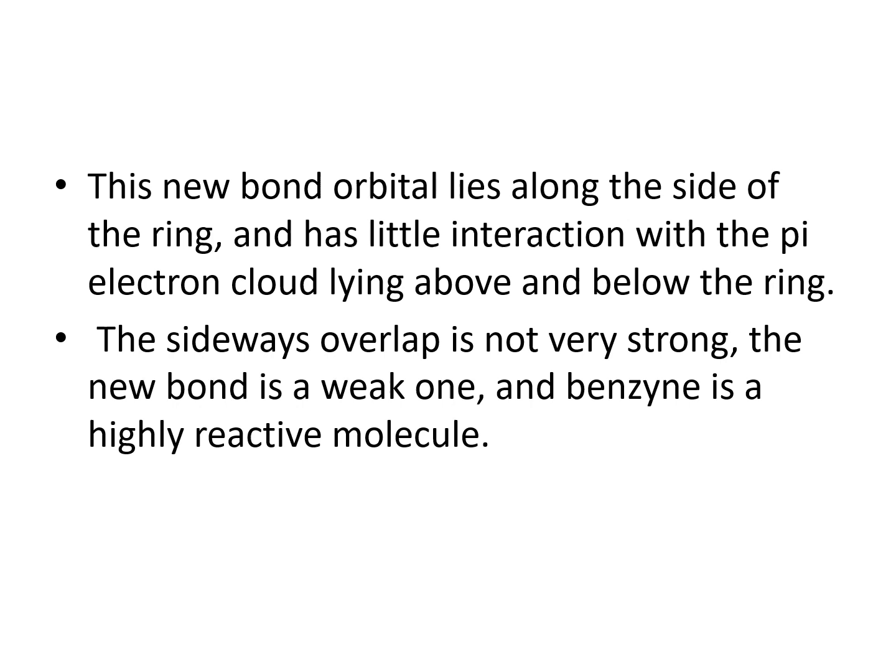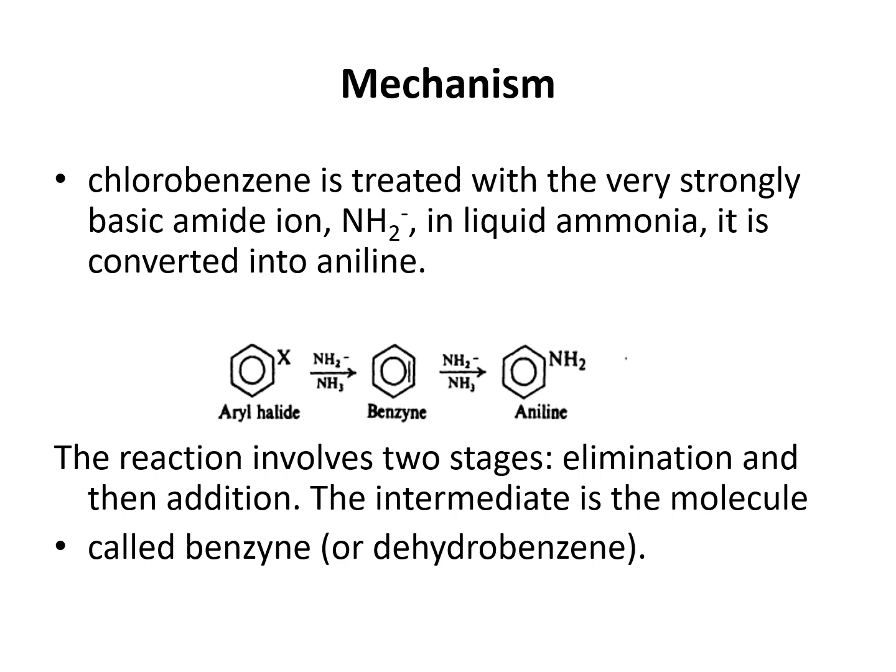This sideways overlap is not a very strong bond. The new bond is weak, and benzyne is a highly reactive molecule. We can explain this mechanism by taking the example where an aryl halide is converted to aniline.